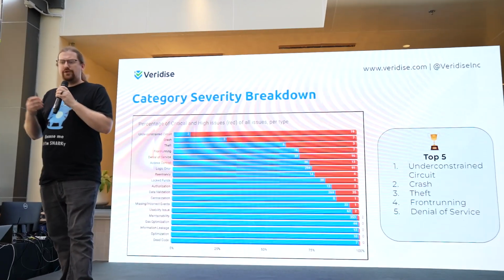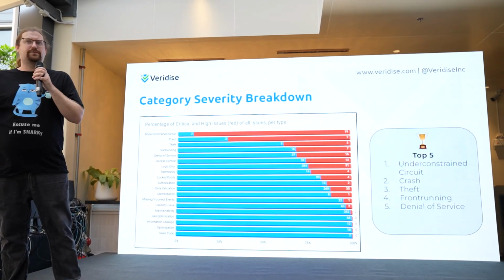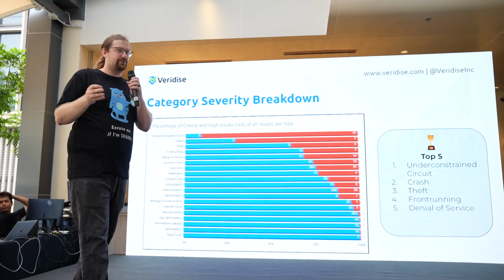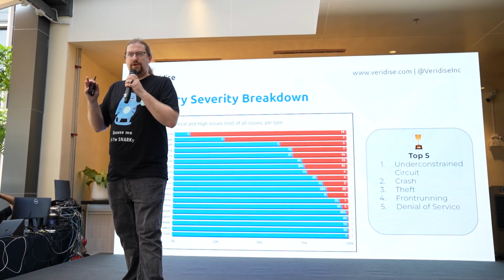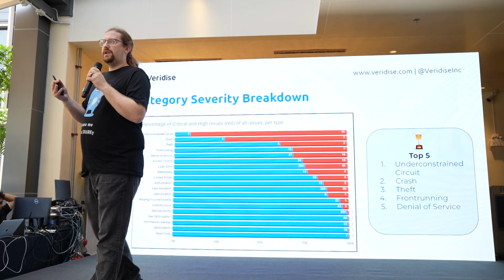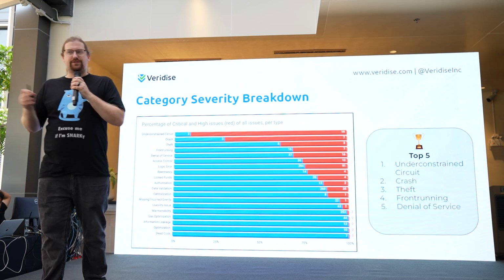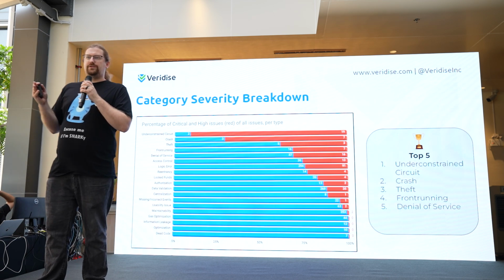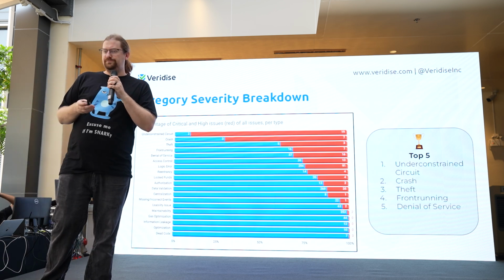And then finally, the third most likely to be a significant issue that we report is just straight theft. We classify something as theft as the case where someone can access funds that they should not be able to access. The reason why that isn't always significant is because sometimes it's very difficult to do that, or they can only access a very small number of funds.